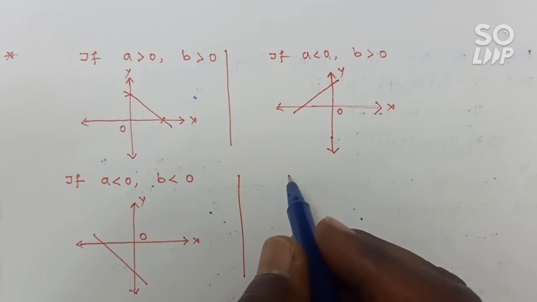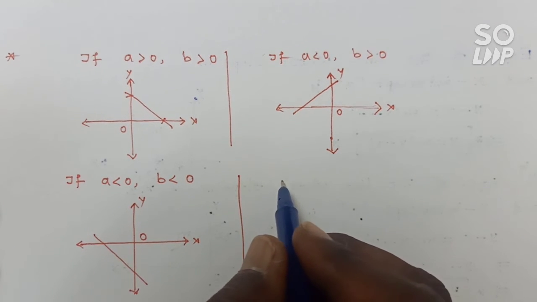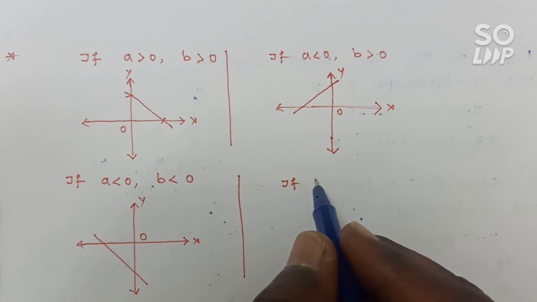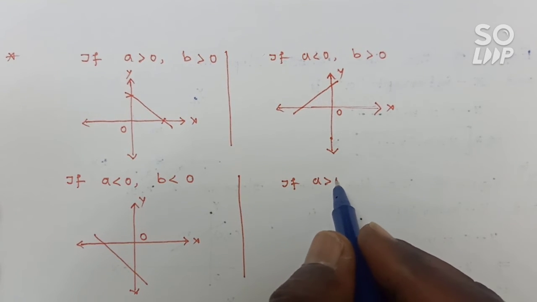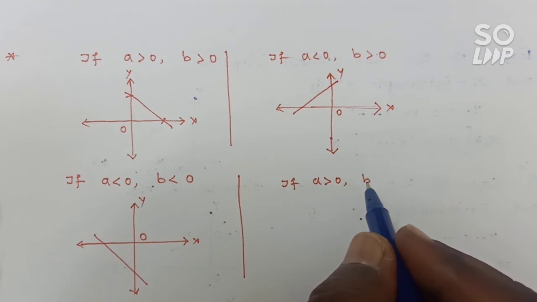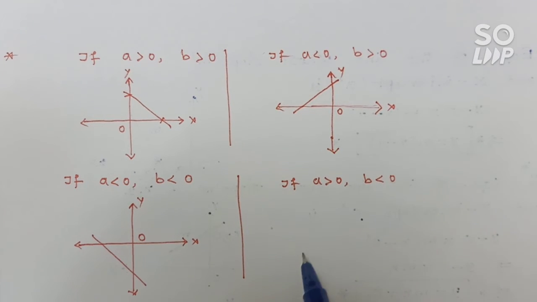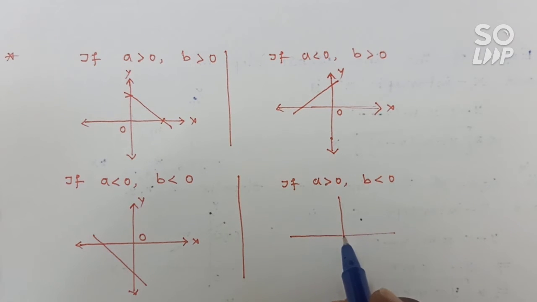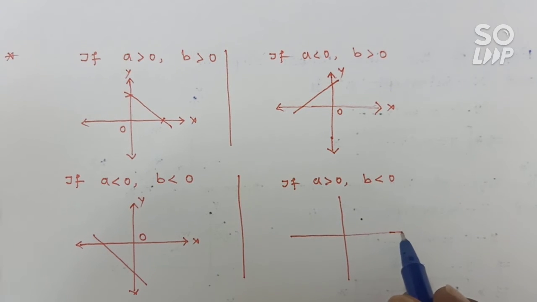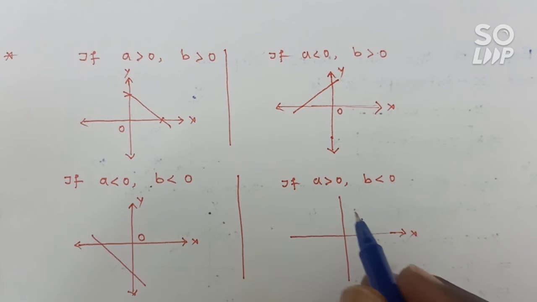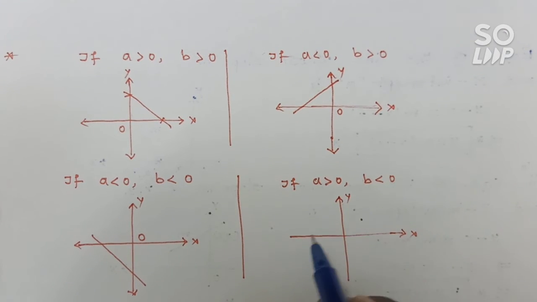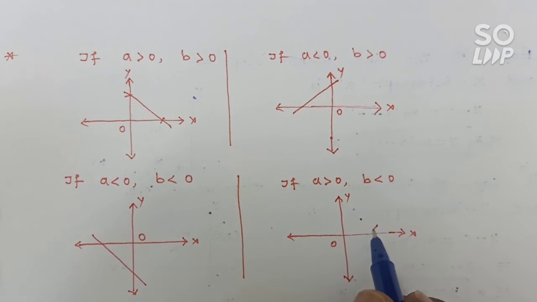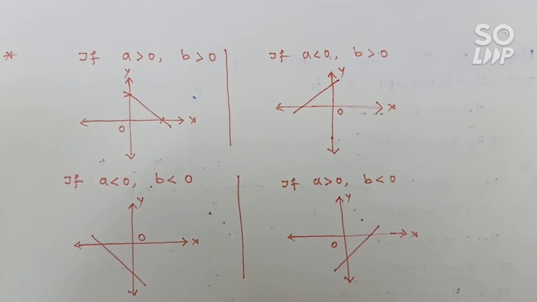Next, if the x-intercept a is positive and b is negative, then the line always cuts the coordinate axes in the fourth quadrant, so the figure will be like this.